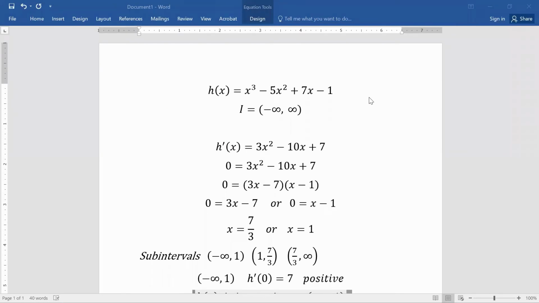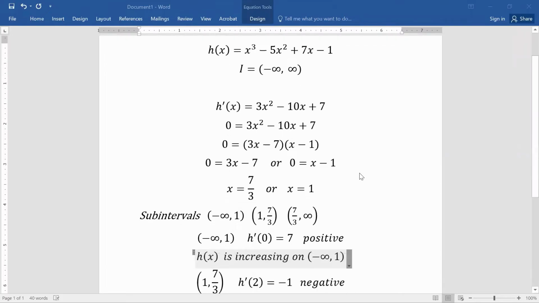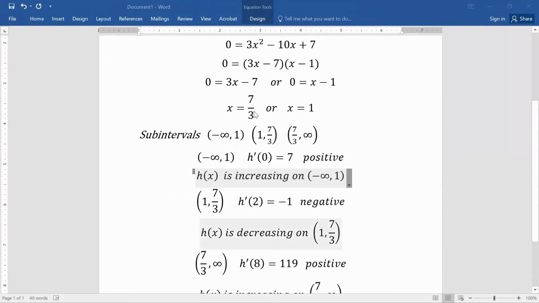I have left all my work up from when we found the critical values of 7/3 and 1. If you need a refresher, go back and look how we got those. So we had critical values of 7/3 and 1.